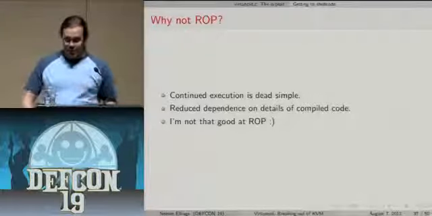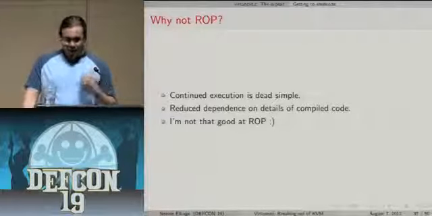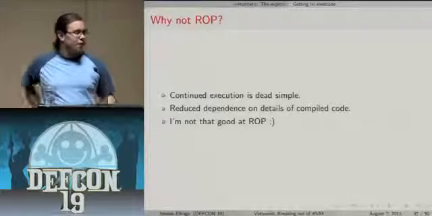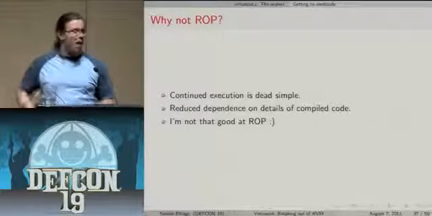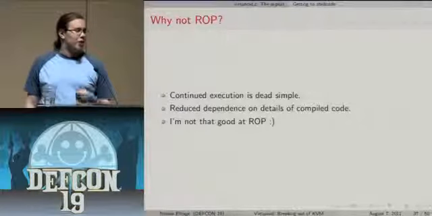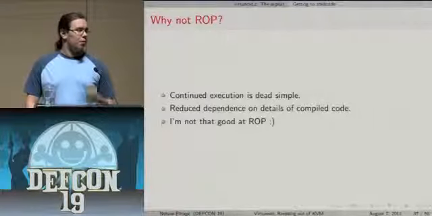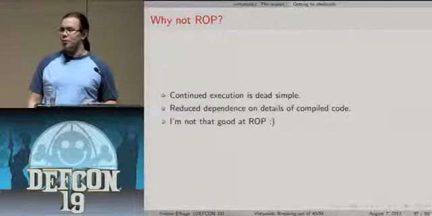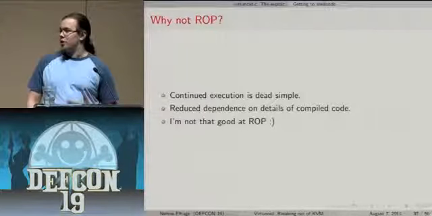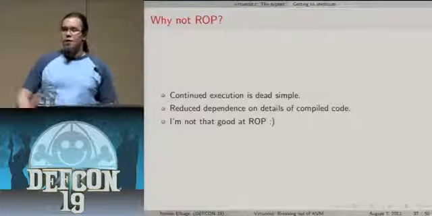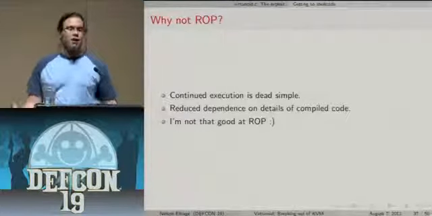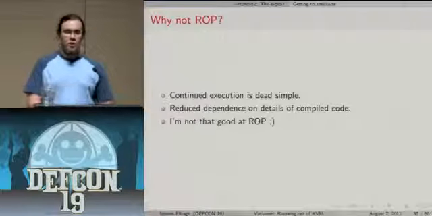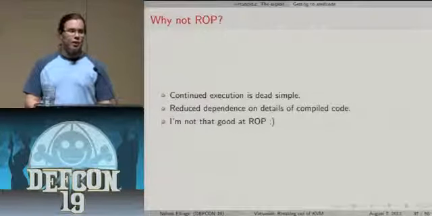Another thing that I like about this technique is that I've shown you virtually no assembly on the previous few slides. I've referred to one detail, but there's very little dependence on how these functions actually got compiled. And ROP cares very deeply about how the functions got compiled, because you're chaining together strings of assembly. When you're exploiting a program under Linux, you have to deal with the fact that every Linux vendor has their own build of the program with a slightly different source version, a slightly different GCC version, a slightly different set of flags.